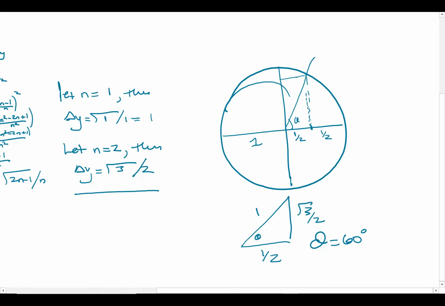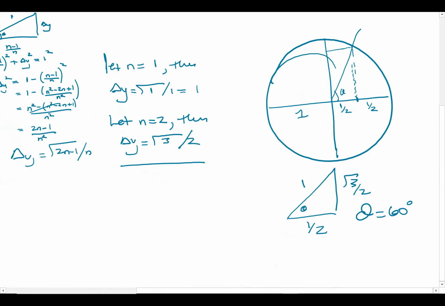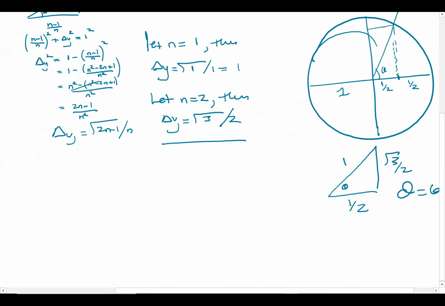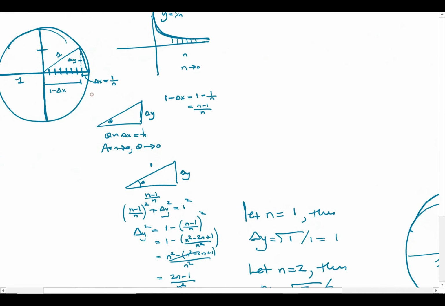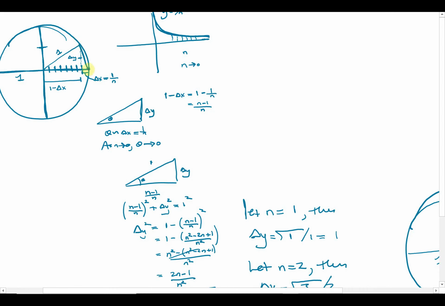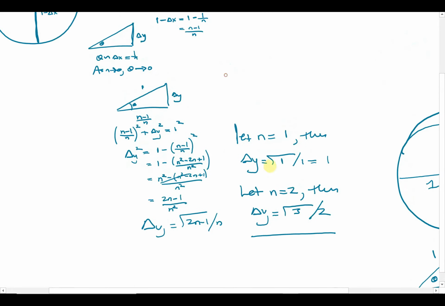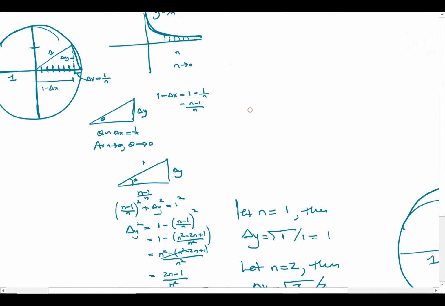What is it? Trying to think. Now, if we calculated the other triangle right here, what we end up finding is for the first iteration, if we were to calculate that, for instance, so what do we have?